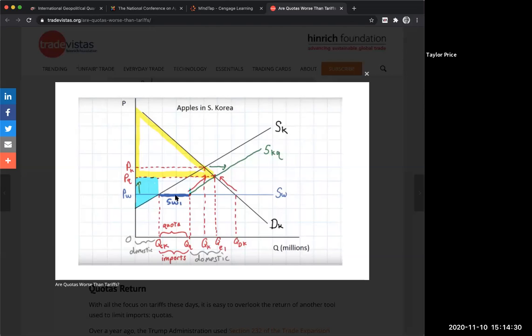So you have this amount of imports and you have the domestic production, and then you have more domestic production, because the idea behind quotas is that there is a very specific amount of imports allowed into a country, and anything over that amount becomes domestic until you have the intersection of the supply and demand curve. And in this case, the supply curve is a little bit shifted over because it is a quota, not a tariff.